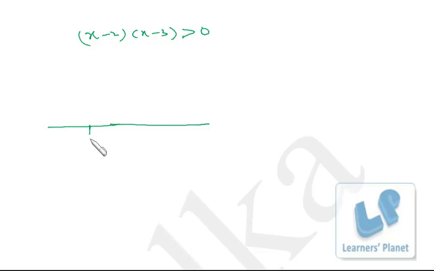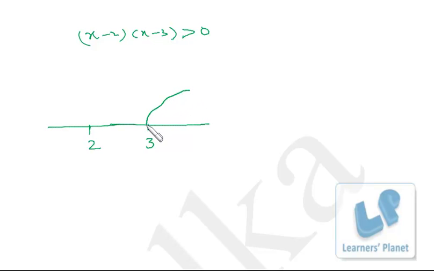So 2 is a zero and 3 is a zero. You mark 2 and 3 on the number line, obviously in ascending order, just as you draw a number line. Now you start drawing a curve from this side.